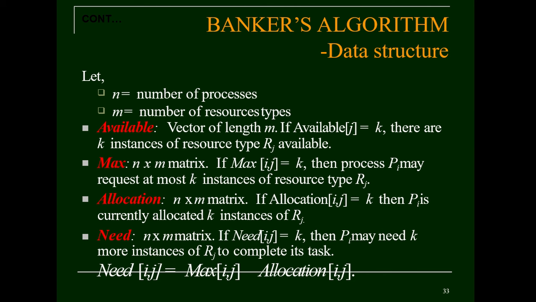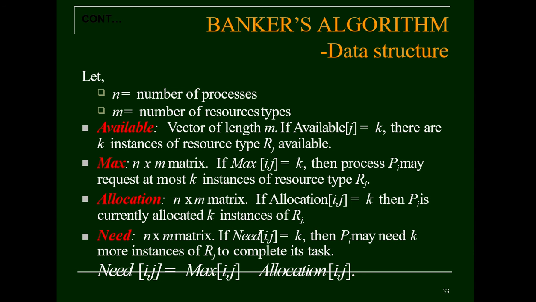In Banker's algorithm, we have n and m. n is the number of processes and m is the number of resource types. First of all we have Available, a vector of length m. If Available[j] equals k, then there are k instances of the resource type Rj available.